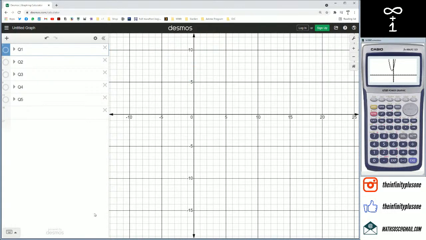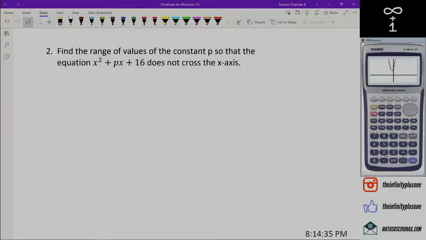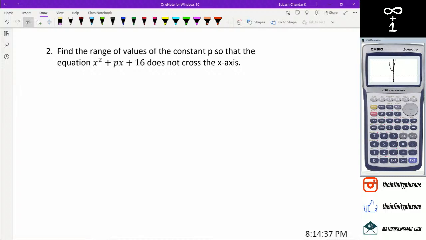Now, question 2, what I'm going to show you guys first is what this equation actually looks like. So I'm going to move this out to 0 for now. I will give you guys a chance to have a go at the question, but I just want to show you what the question is actually asking for. Because if you go back, the question says find the range of values of the constant p so that the equation does not cross the x-axis.